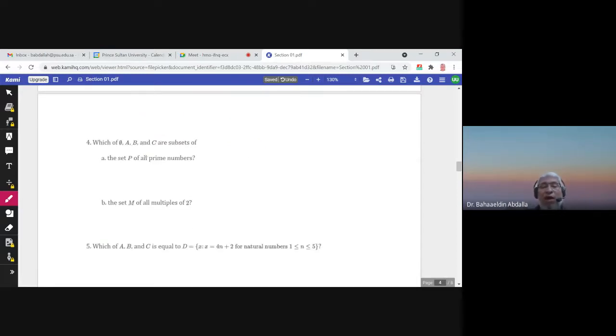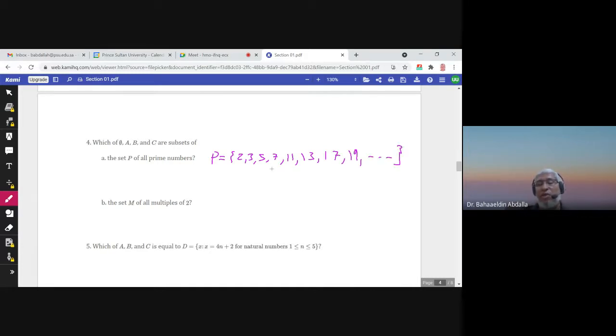Which of phi, A, B, and C are subsets of the set P of all prime numbers? Well, the prime numbers are 2, 3, 5, 7, 11, 13, 17, 19, and so on.